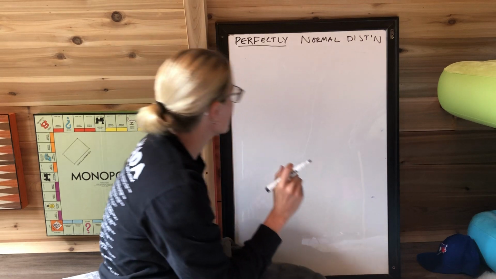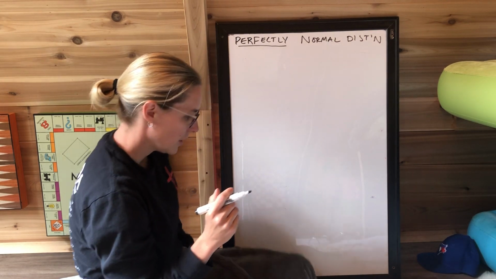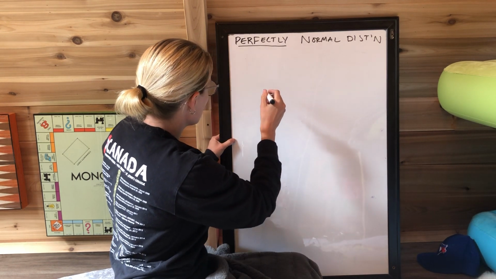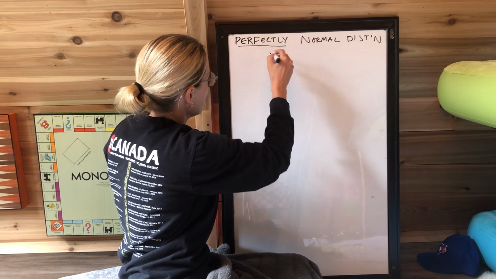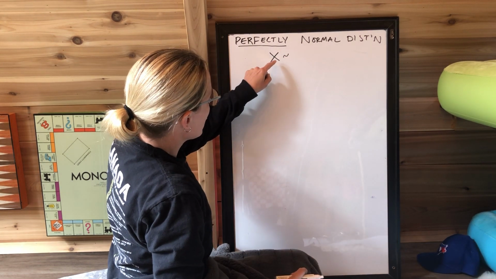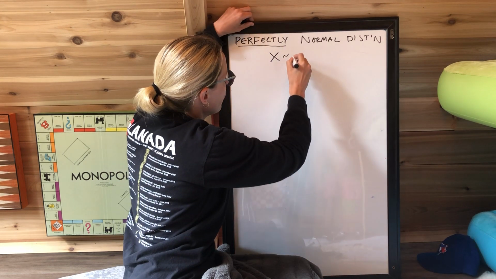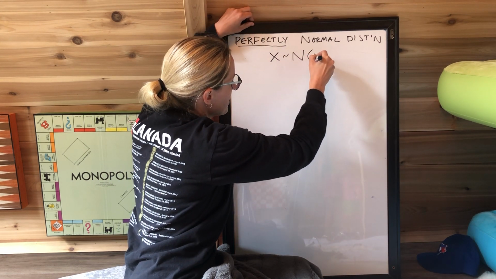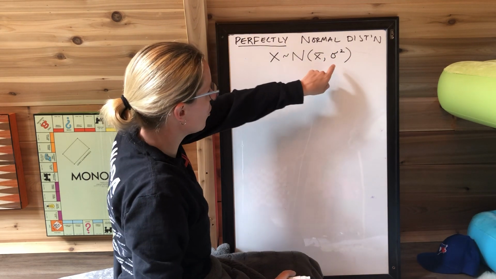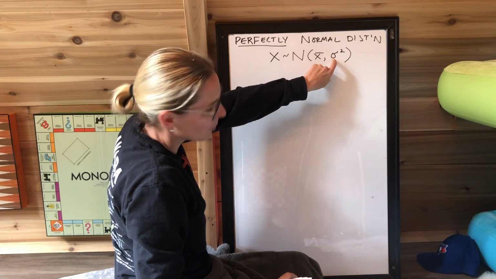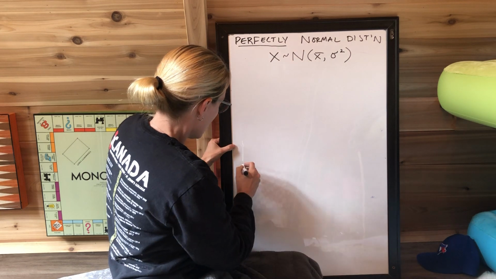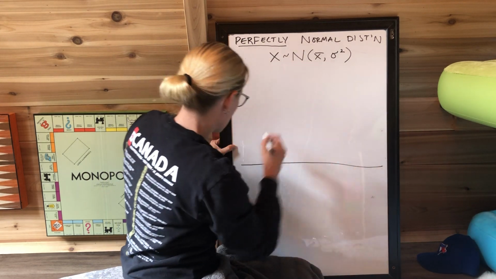So the way that we write this down is, in a perfectly normal distribution, first of all, some things that you might see in the textbook is that X is a random variable that belongs to a normal distribution with a specific mean and a specific variance. Now remember, we know what standard deviation is. It's just sigma. Mean was X bar. So this is sort of notation you may need to know. Coming up, not exactly today yet.